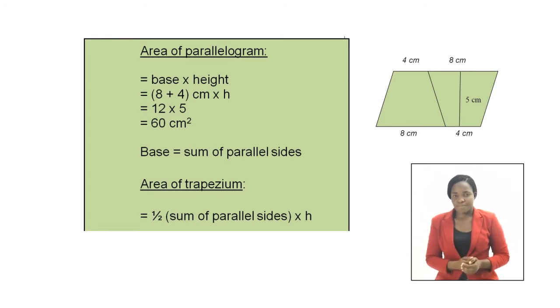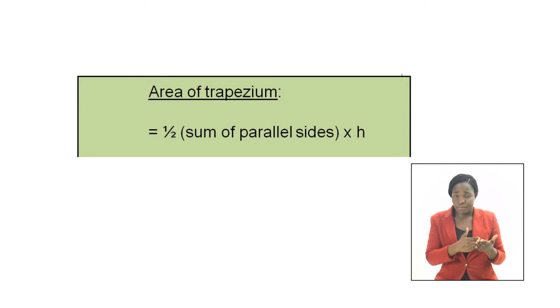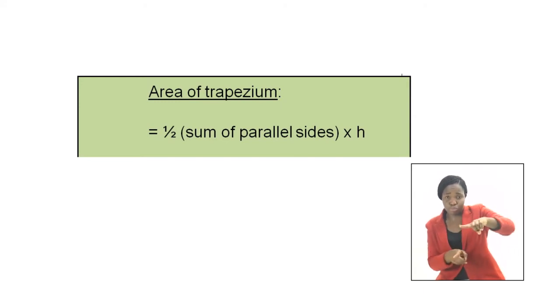So the formula will then be half of the sum of the parallel sides times the height. We've got it. Half of 12 is 6 times 5 is 30. Squared centimeters, remember? Yes, of course. Great stuff. Let's use just this formula to find the area of the trapezium. Okay, the formula for the area of a trapezium is half of the sum of parallel sides times height.